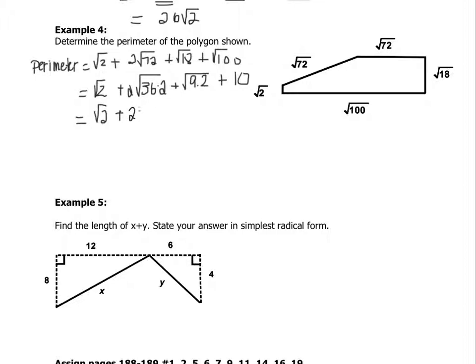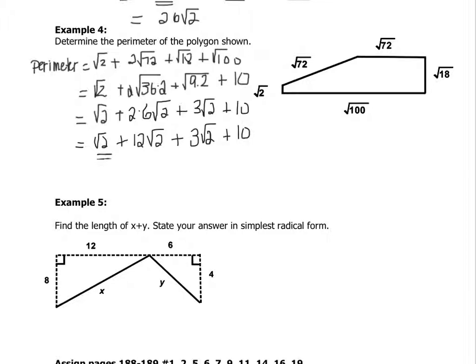And then this next line would be root 2 plus 2 times root 36, which is 6, and you're left with 2 under the root sign. And this 9 times 2, the square root of 9 would come out as a 3, and you'd be left with square root of 2, plus your 10. So you'd have root 2 plus 2 times 6 is 12 root 2, plus 3 root 2, plus 10.